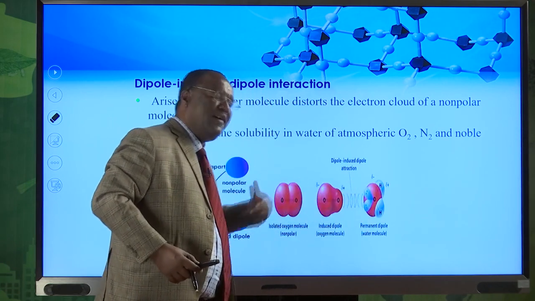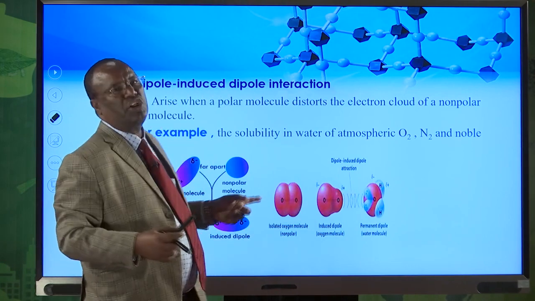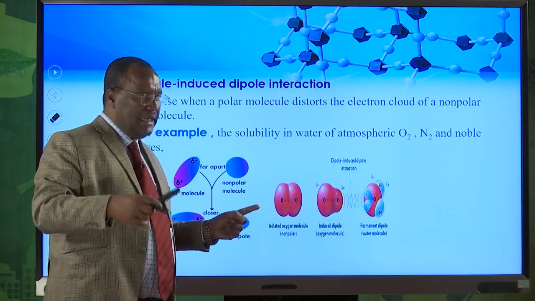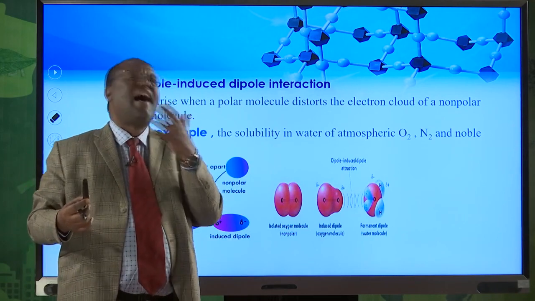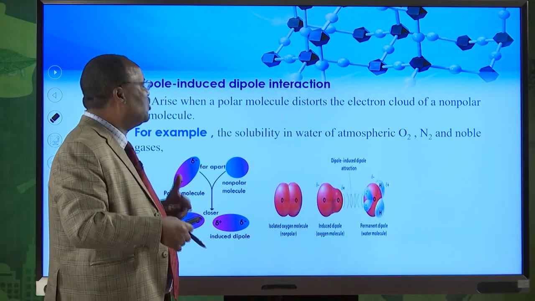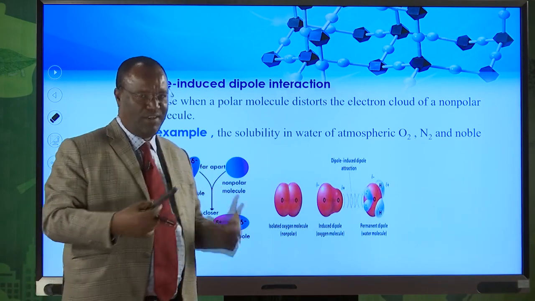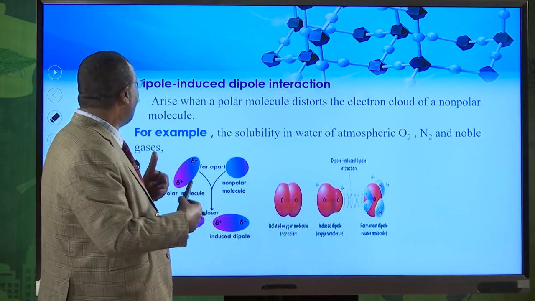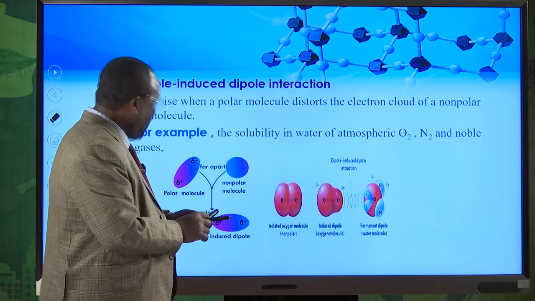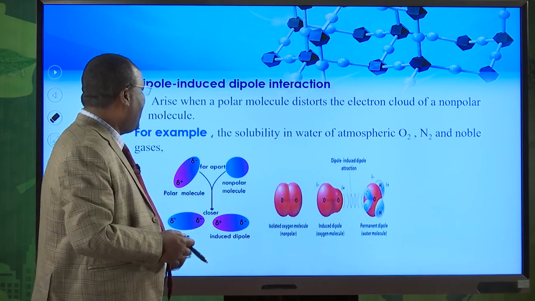This one has a temporary dipole because of the distortion of the electron cloud on the oxygen atom, so it attains a temporary charge. For that reason, oxygen dissolves in water. Such a kind of interaction is called dipole-induced dipole interaction.